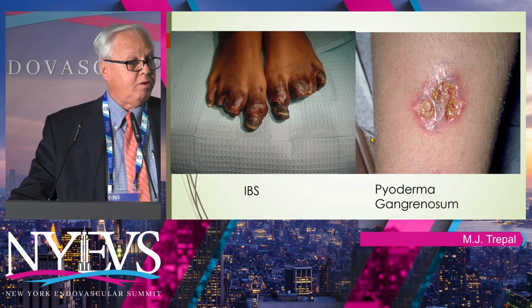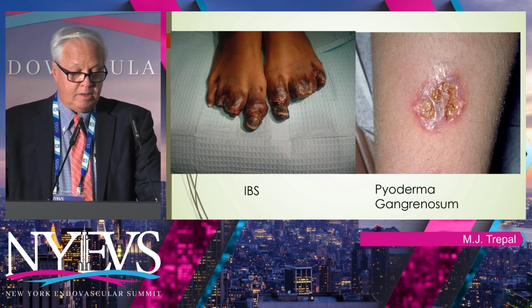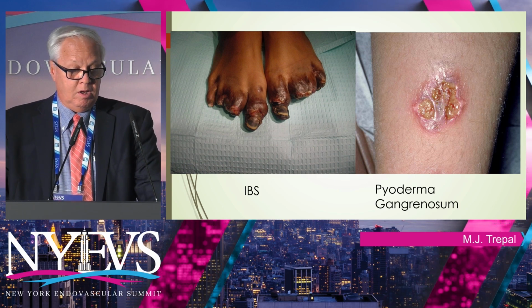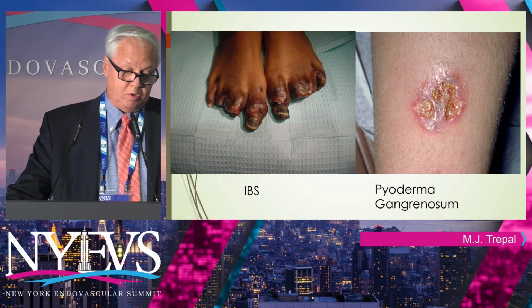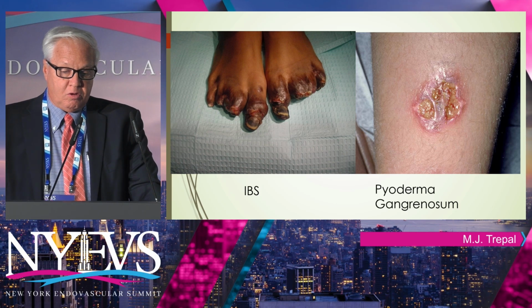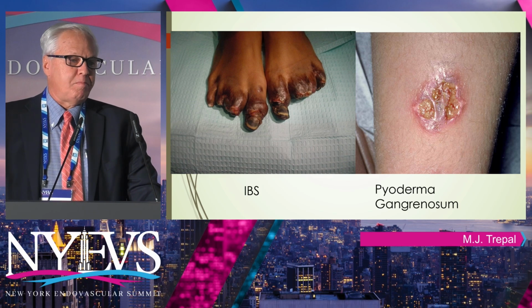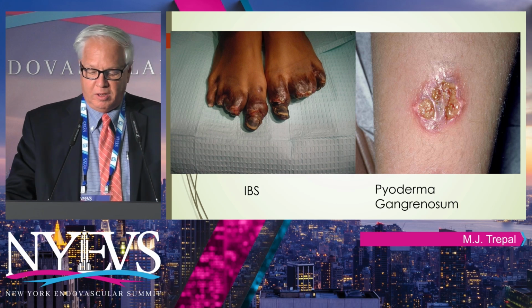On the left-hand side was a 12-year-old girl who had IBS and a vasculitis associated with IBS, and ended up with small ulcerations and wounds. We unfortunately had to do amputations of all the toes. And this girl was cute as a button, and she looked up afterwards and she said, you know, it could have been worse. It could have been the whole foot. So, you know, when you're looking at a 12-year-old, that does it.